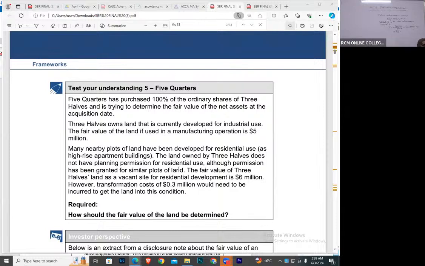Should we put up a manufacturing operation and get 5 million, or put up a residential property and get 5.7? Residential at 5.7 is higher, so the best use here is 5.7. I would rather develop this as residential and get 5.7. It means the higher of the two is the best use, so this land should be valued at 5.7.